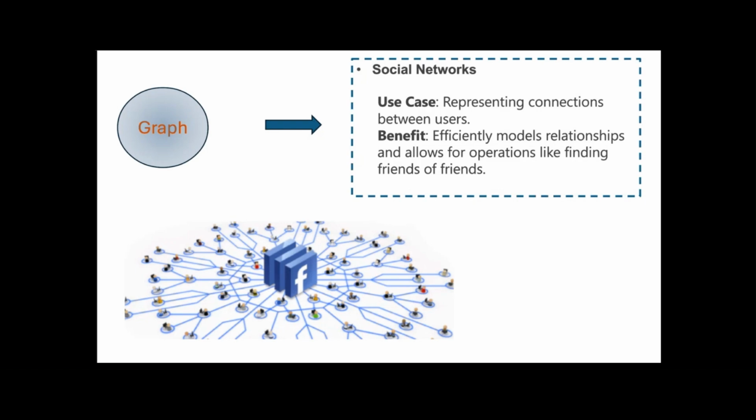So it efficiently transforms the data for operations like finding my friends, friends of friends, etc. The graph model helps in such cases. So these are some of the data structures with real life examples, and you can understand why they are used in those scenarios.